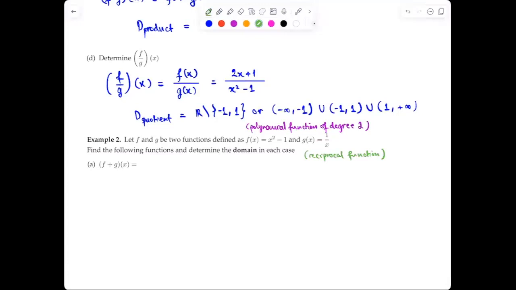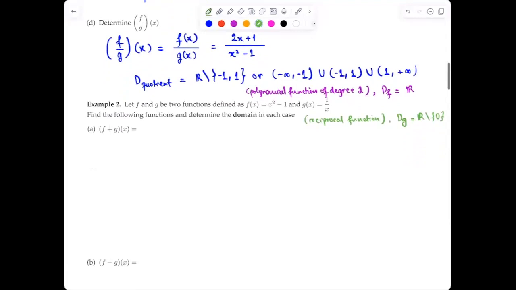So the domain of f is all real numbers, and the domain of g is everything except the element 0. So that's the setup. Now we get to the combined functions.